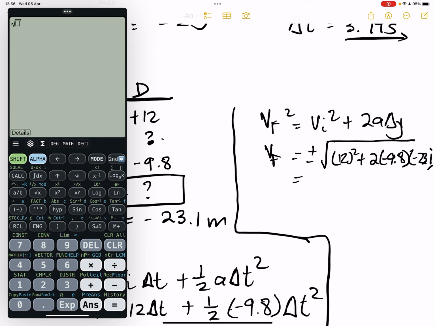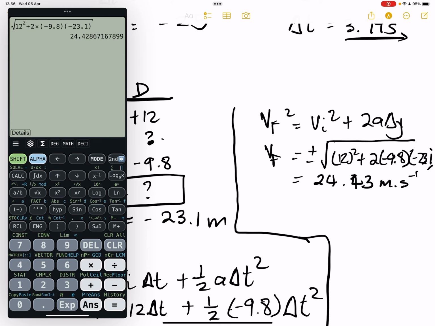So that's going to be 12 squared plus 2 times negative 9.8 times negative 23.1. Okay, so I get a velocity value of 24.43 meters per second.